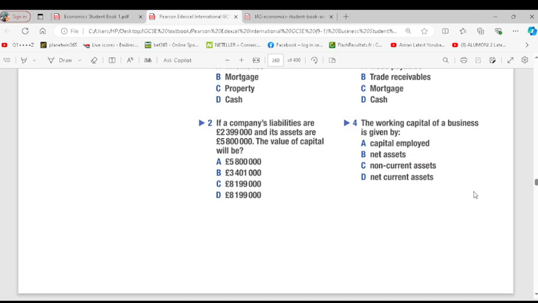Now, question 4. The working capital of a business is given by which of these: capital employed, net assets, non-current assets, net current assets?